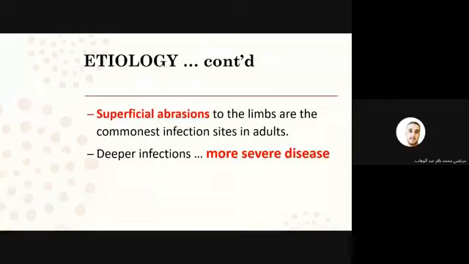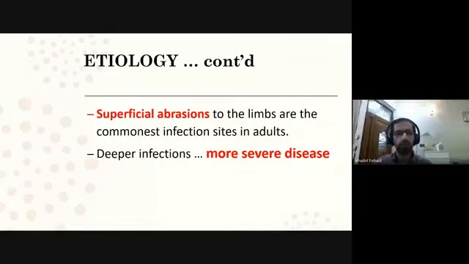Doctor, may it reach the blood? Superficial abrasions may also reach the blood. Okay. But deeper infections are more suitable for anaerobic infection. Superficial abrasions are close to the surface, close to atmospheric air, so they will not allow the organism to multiply freely because of atmospheric oxygen, while deeper infections are usually away from air, away from atmospheric oxygen, which allows a more suitable environment for the bacteria to grow and release its toxin.